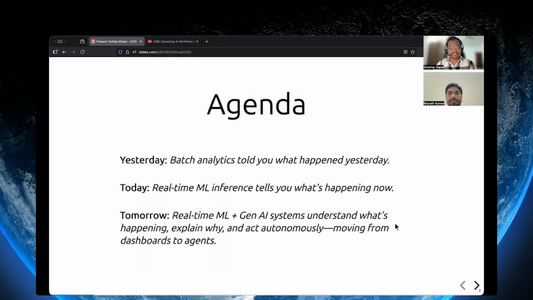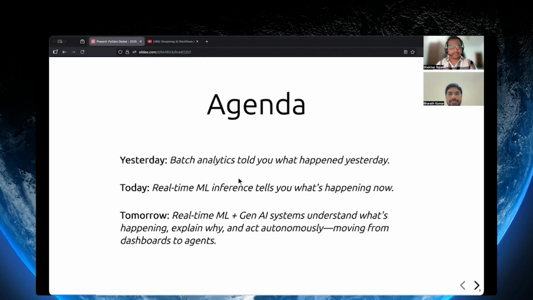So let's get started. The agenda is to recap how real-time processing and real-time ML inferencing will work in future. As you know, batch analytics is very common, where we used to run some Spark job or do some kind of analytics on top of past data to predict something for different use cases.